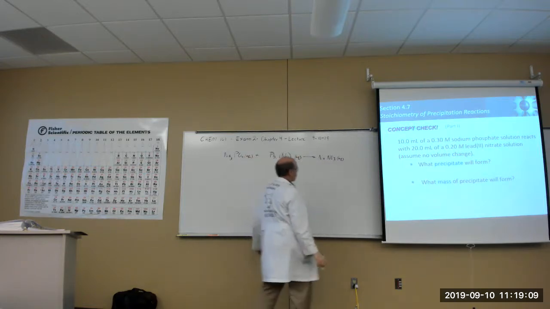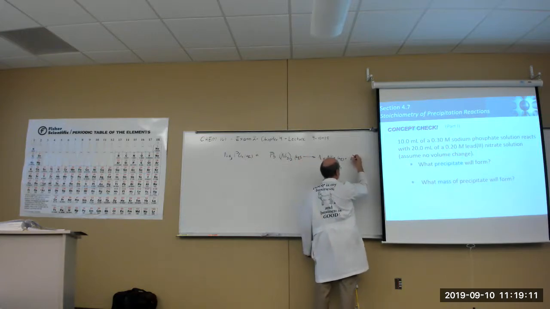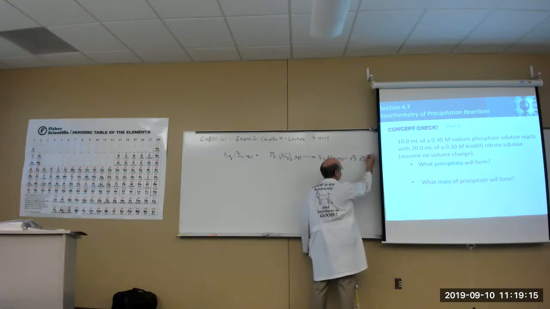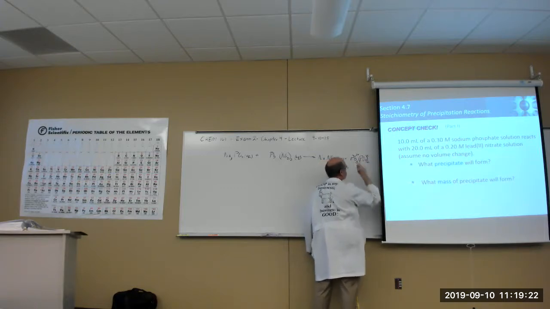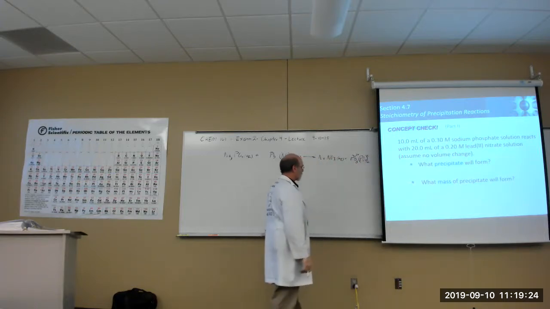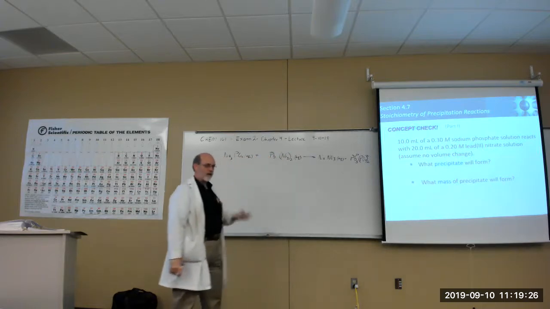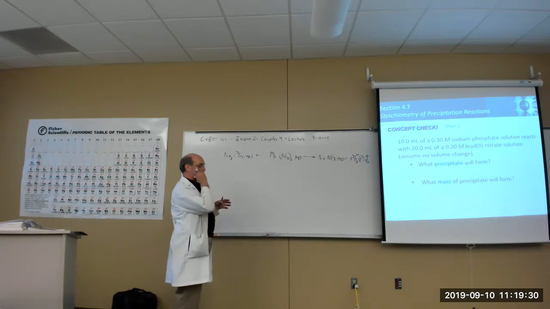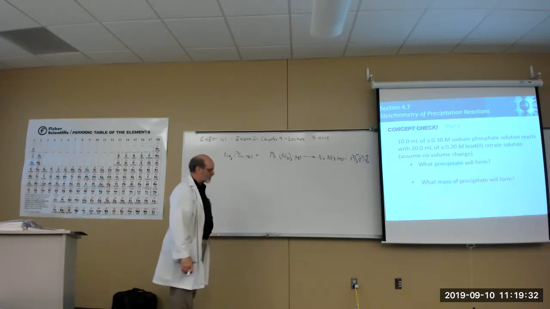Lead phosphate, though, lead-2 phosphate, this is a 3 minus, that's a 2 plus. So we cross multiply and we get 3 here and 2 there. So now our compounds are properly written. Now we need to balance the equation.